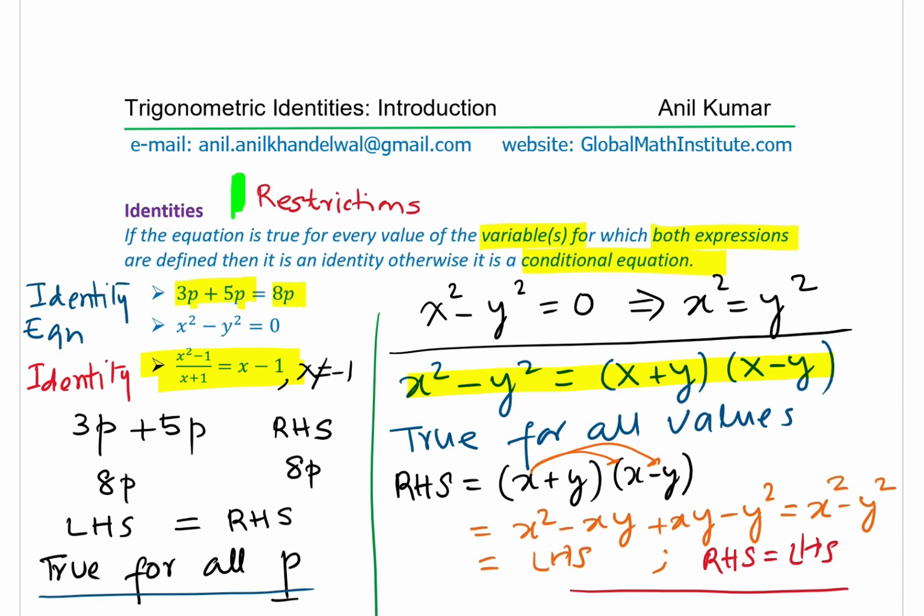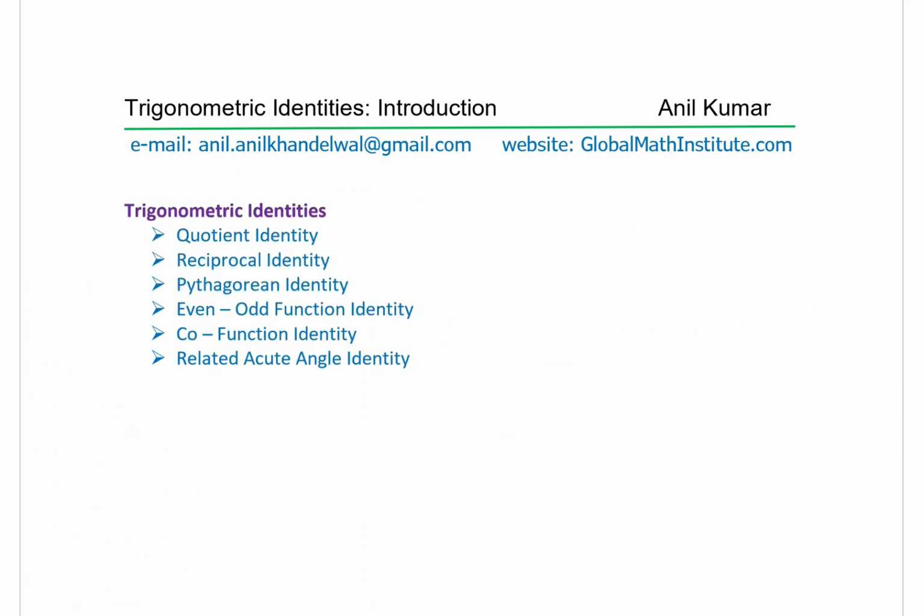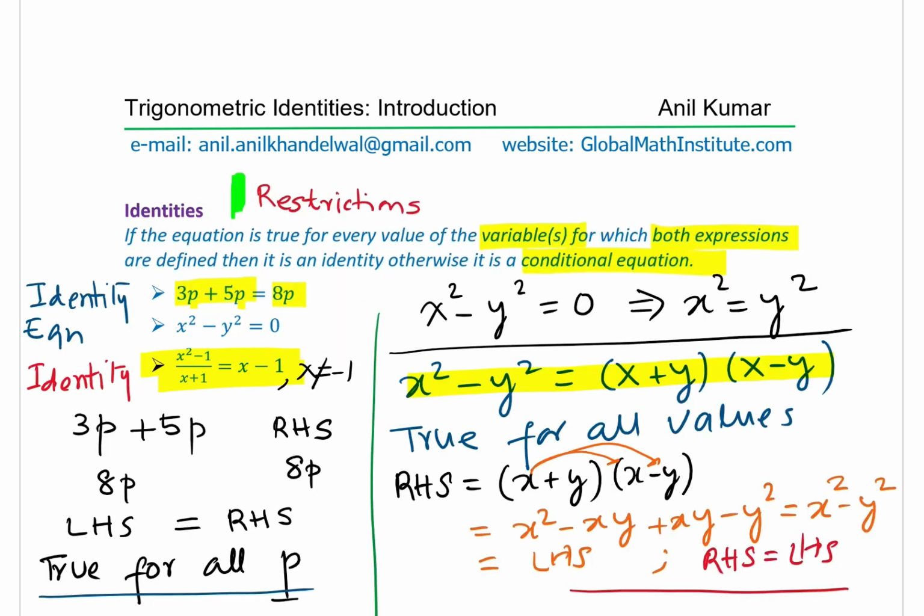Perfect. Now let's move on and understand what a trigonometric identity is. Well, in the previous examples, when we were talking about identities, we used algebraic terms.